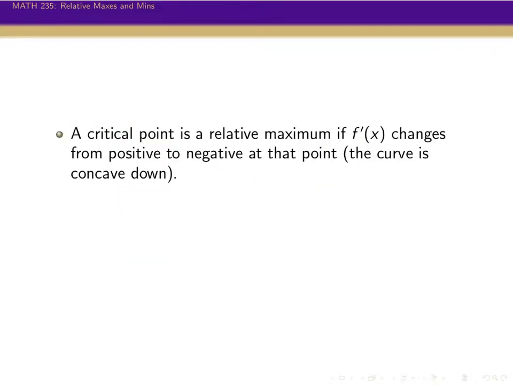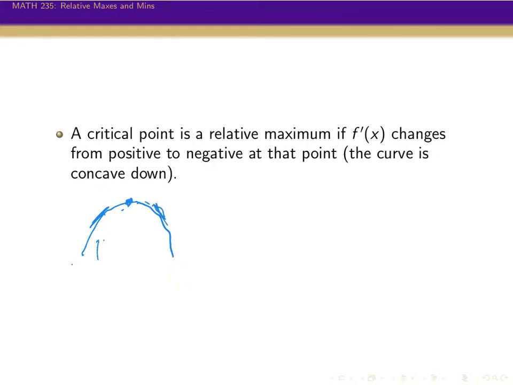Okay, so now that we have the critical points, how do we tell whether it's a relative maximum or minimum? Well, if it's a relative maximum, if you look at this, to the left, the function is increasing, and then to the right of the point, the function is decreasing.